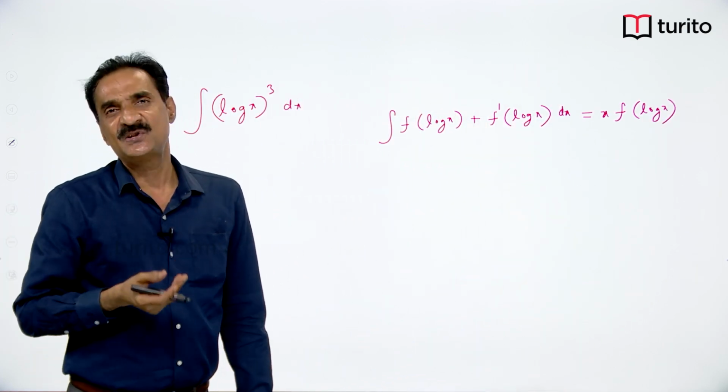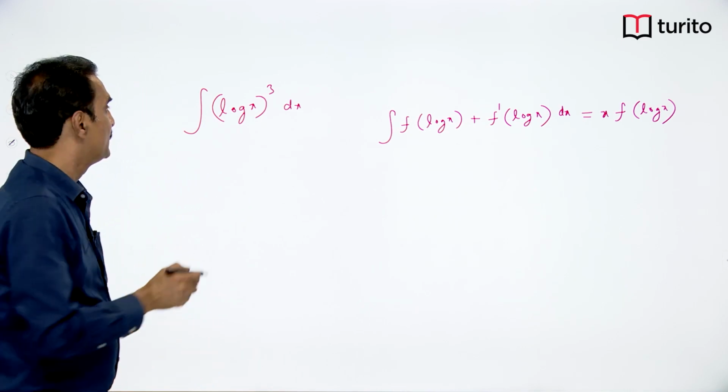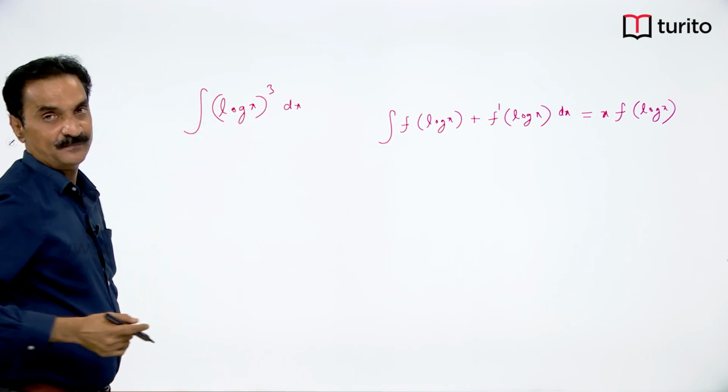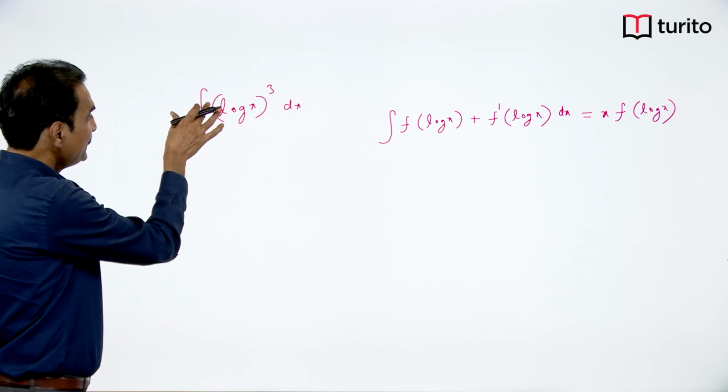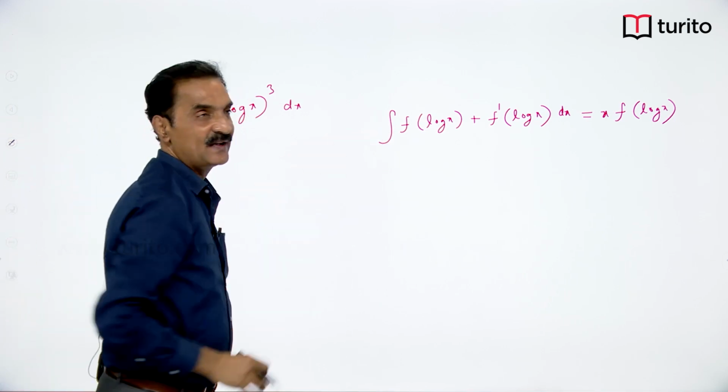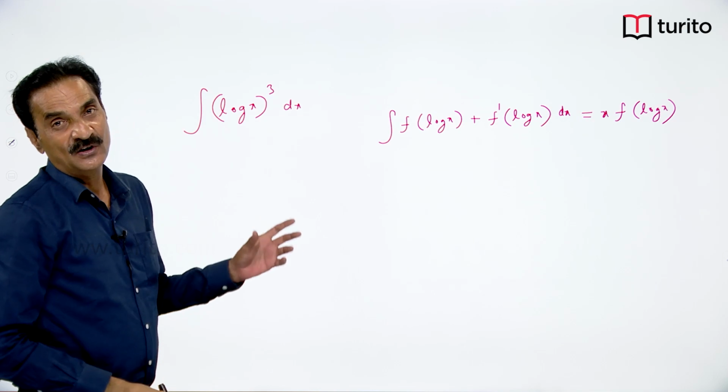Whenever the whole function is in terms of log x, you can try this method, but it is only single term. If you take (log x) whole cube as f of log x, then what is f dash log x?